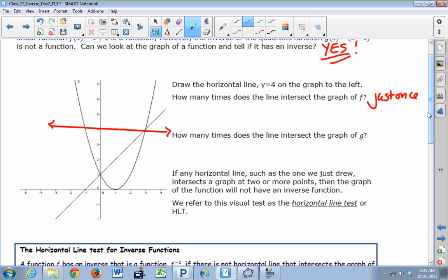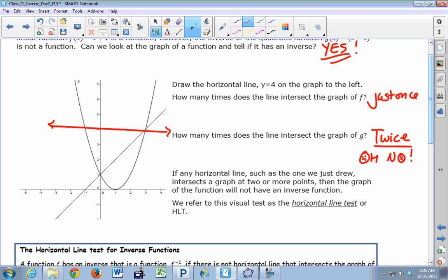Well, we'll see. How many times does the red line intersect the graph of g? That's the parabola. Twice. And this is our oh no case. Oh no. Okay.